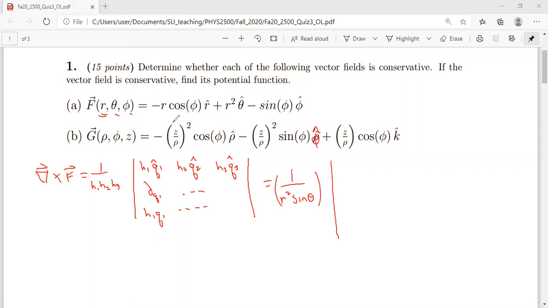And then pro tip, write the components first. So we have scale factor times the first component. That's minus r cosine theta. Scale factor times the second component. That's r times r, or r cubed. And then third component, we have r sine theta sine phi.